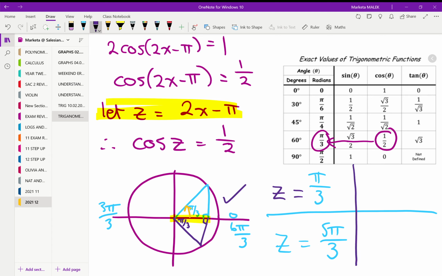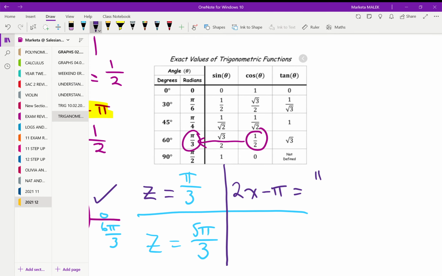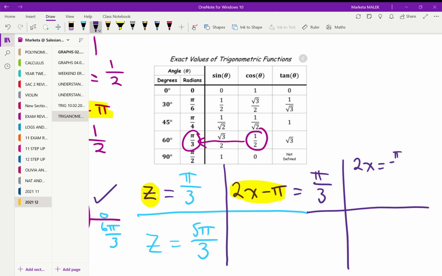So that means 2x minus pi equals pi on 3. Remember, we substituted Z for 2x minus pi. So now I'm putting it back in because we're solving for x, we're not solving for z. So now I'm going to undo it. So 2x equals pi on 3 plus 3 pi on 3.